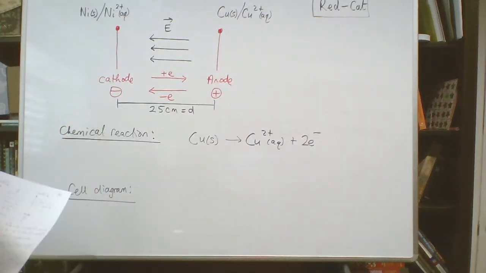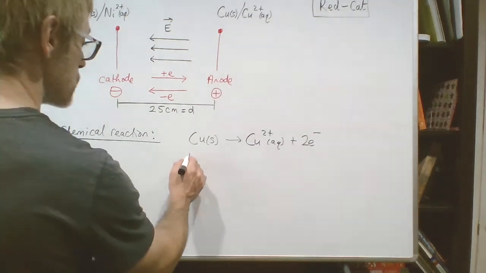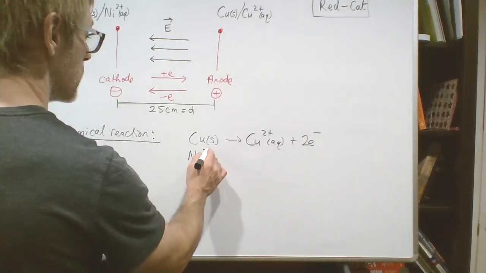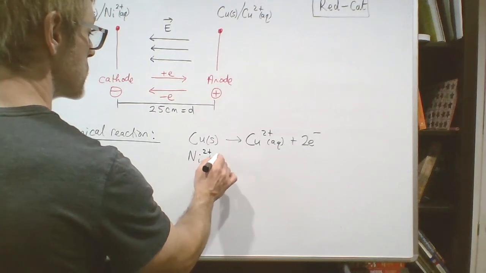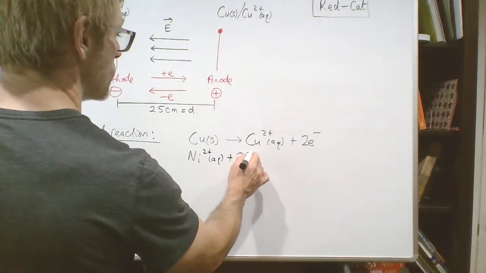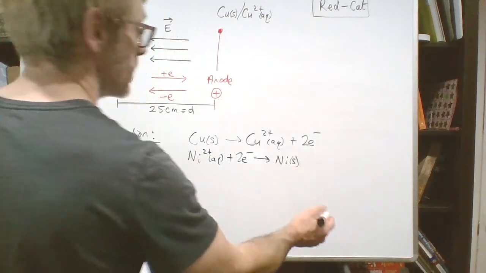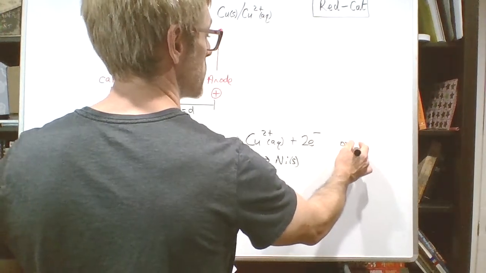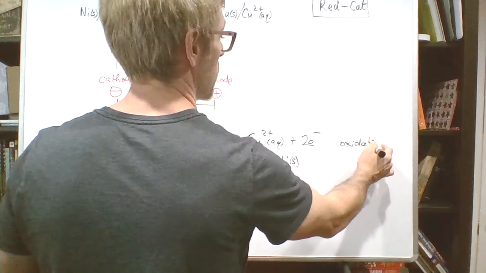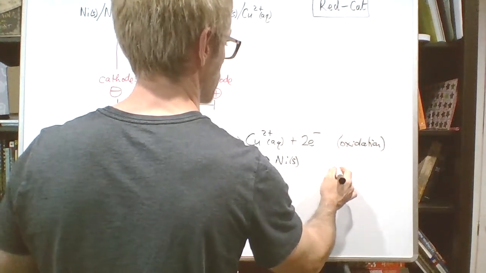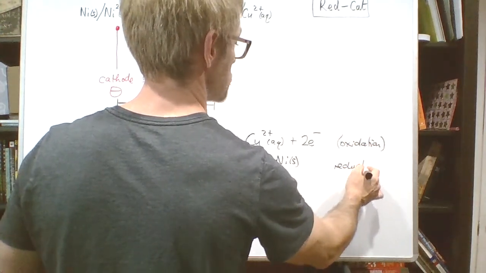And then at the cathode we had the nickel chemistry, so that was the site of reduction. So we have nickel 2+ aqueous and 2 electrons to give nickel solid. So we've got oxidation and reduction respectively.